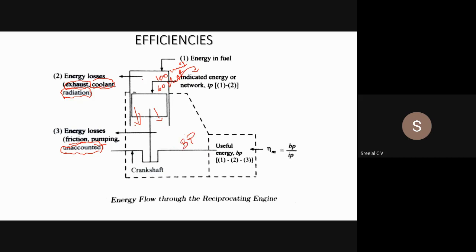So my question here is: they are telling that this 100 units is not fully converted into useful work. Some of it is lost in the form of exhaust, coolant, and radiation.